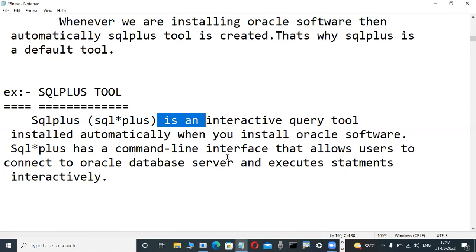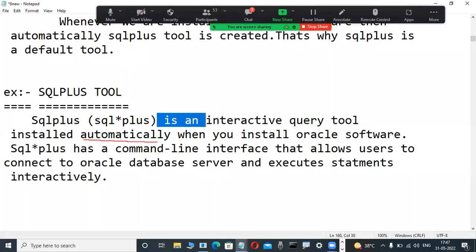Already installed automatically when you install Oracle software.